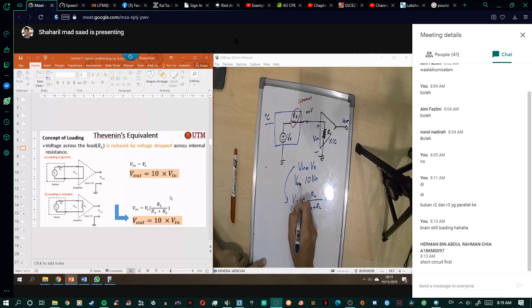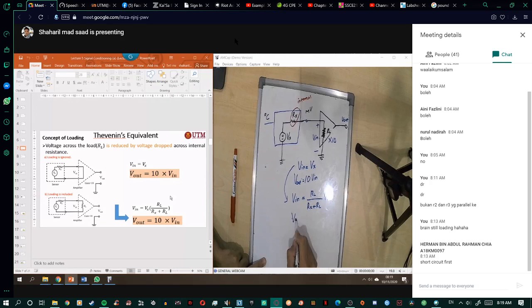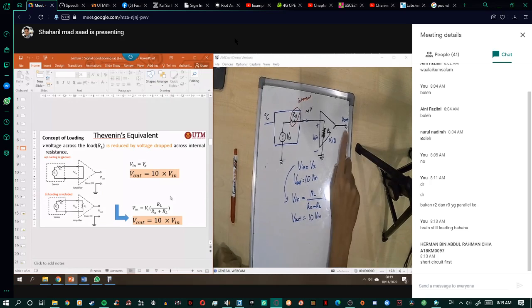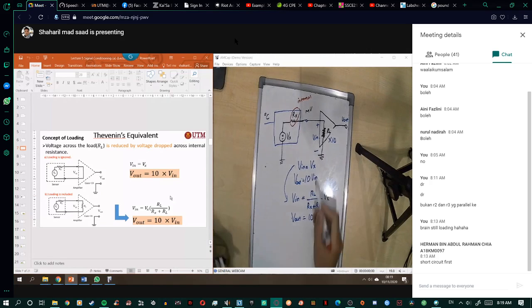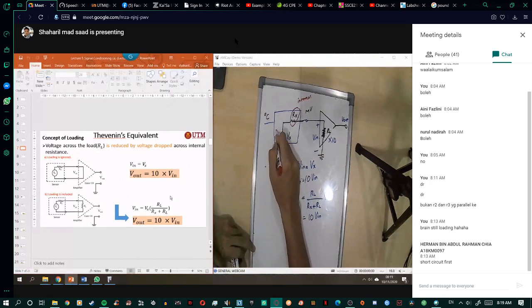So now V out is equal to 10 times V in. So V out here is equal to 10 times V in here. Let's say Vx here is 2 volt.